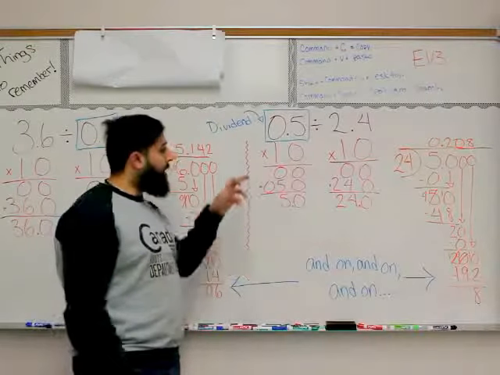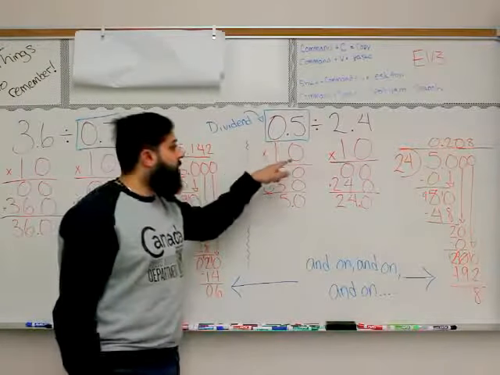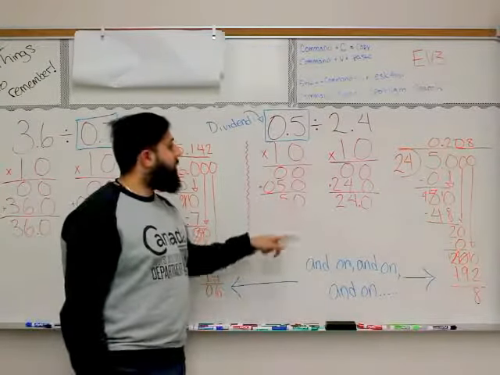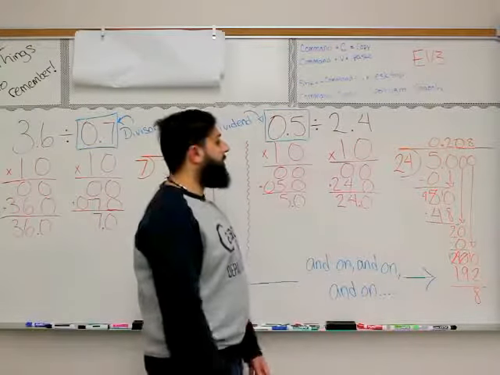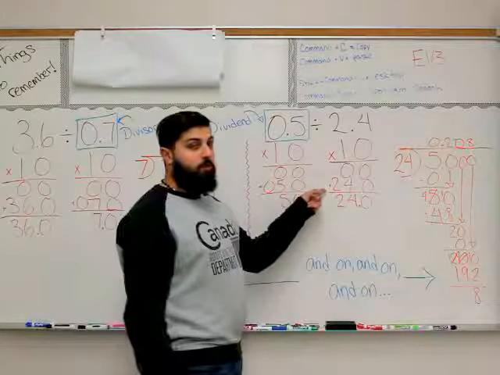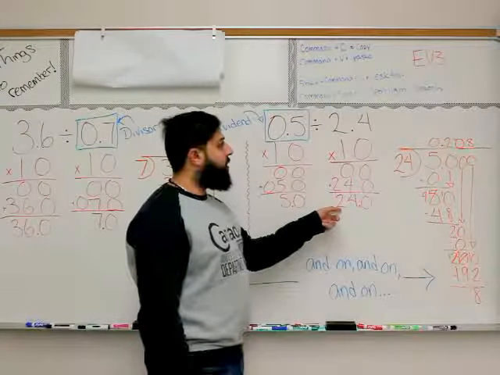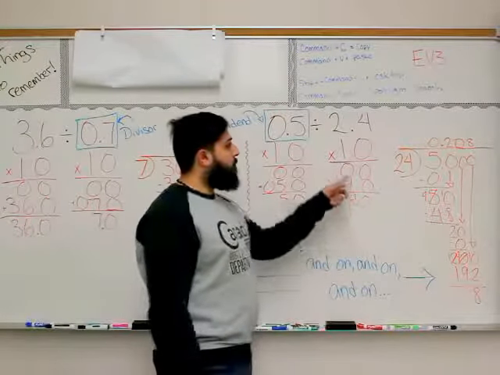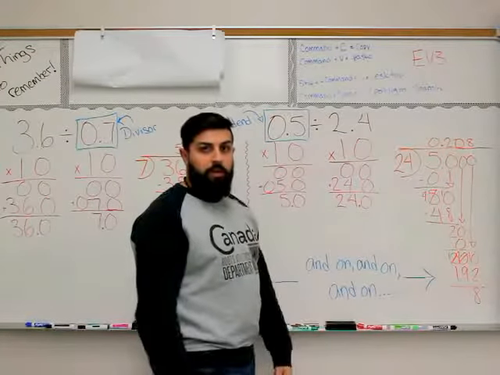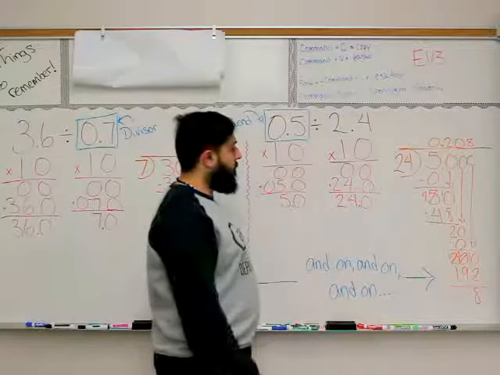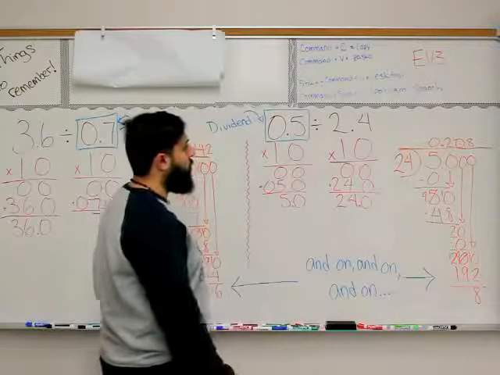Same pattern is happening. If you multiply it by 10, there's 1 zero, so you're moving that decimal over once to get 5. 2.4, multiply by 10, doesn't give me 240, gives me 24. Alright, I'm moving that decimal from 2.4 over, give me an answer of 24.